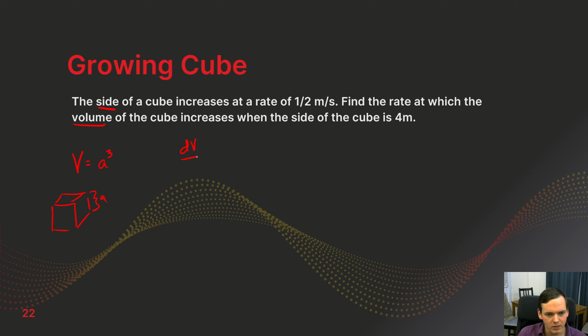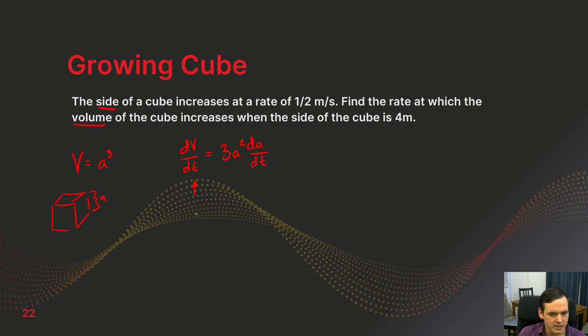Take the derivative, we get dV dt is equal to 3a squared dA dt. That's just, again, chain rule. Now we wanted to solve for the rate at which the volume increases.